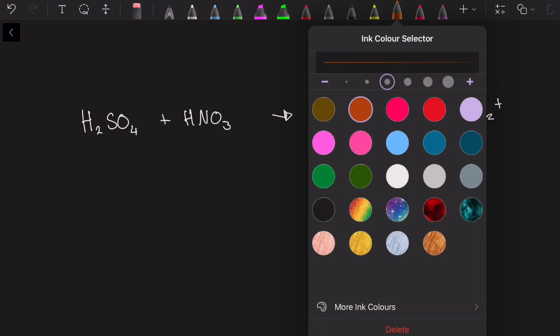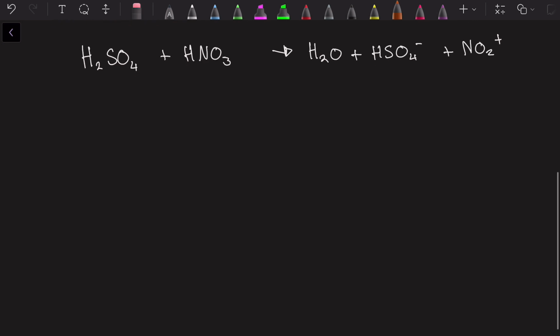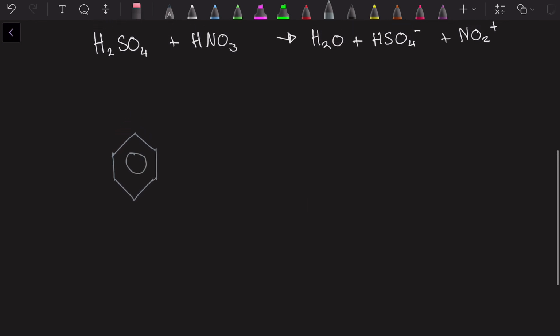So nitrating mixture is right here. Okay, now for the draw the nitration of benzene with curly arrows question, which is kind of the only question that ever comes up on this. First off you have the benzene, and that's just your hexagon with the delocalized pi electrons in the middle.